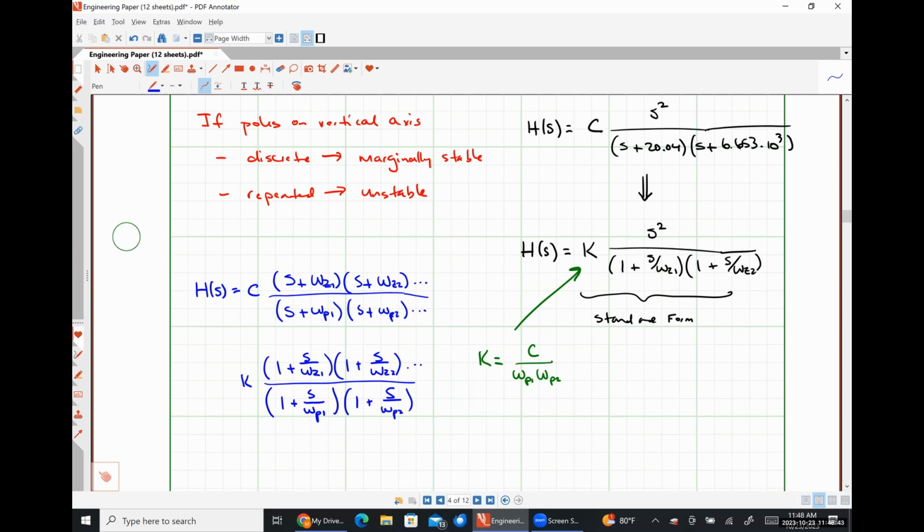That's the true standard form, but because we have zeros at 0, that's what it's looking like.